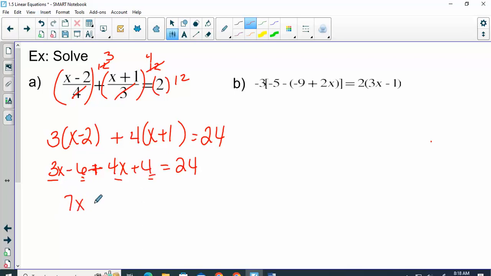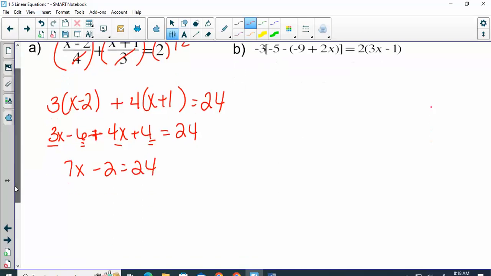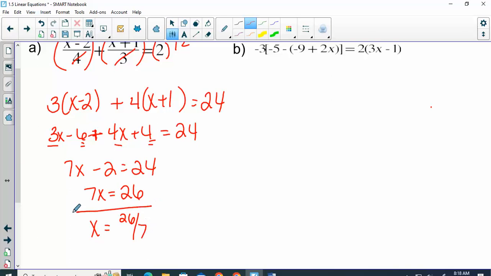Negative 6 plus 4 is negative 2. How would I move that negative 2 to the other side? Add 2, so you get 7x equals 26. Divide, so 26 over 7 is our answer.